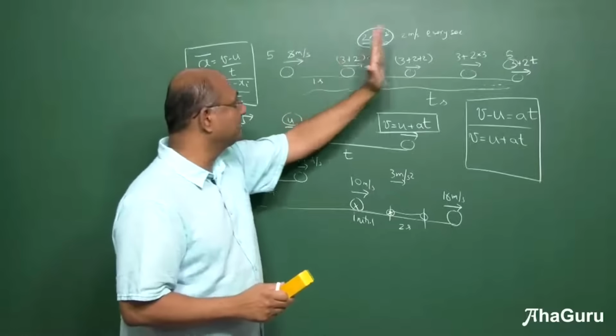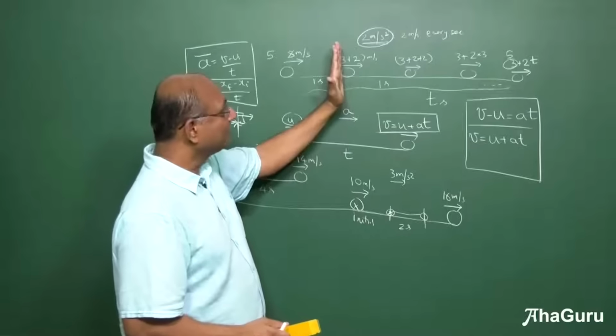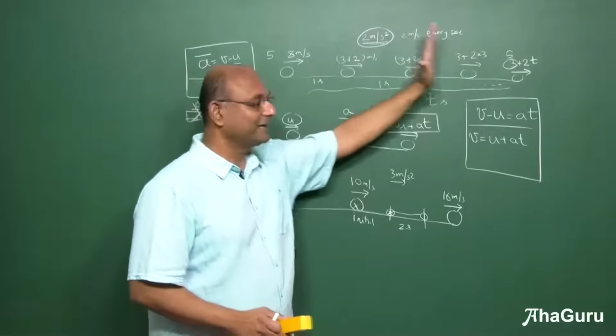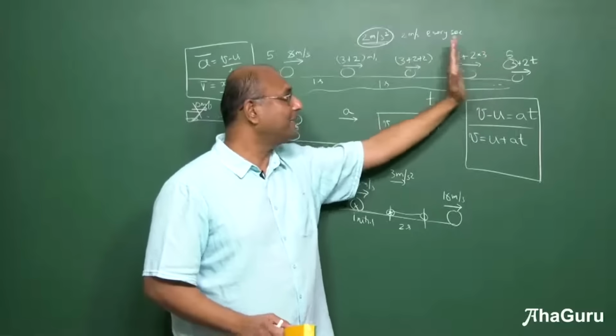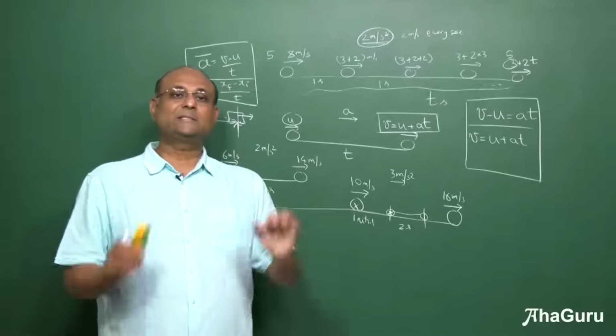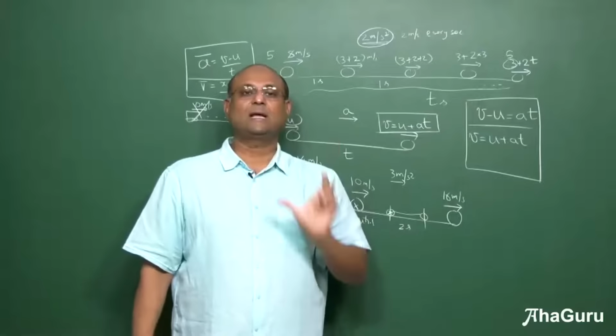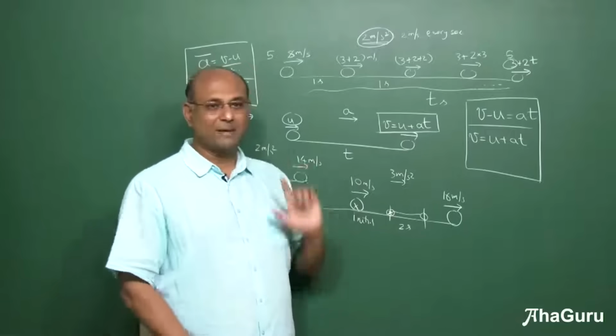This could be initial, this could be initial, that could be initial. If this is initial, you must count the time from here. Final can be that, final can be this, whenever you feel like. From initial to final, the change in velocity is acceleration into that time interval. So keep this in mind.